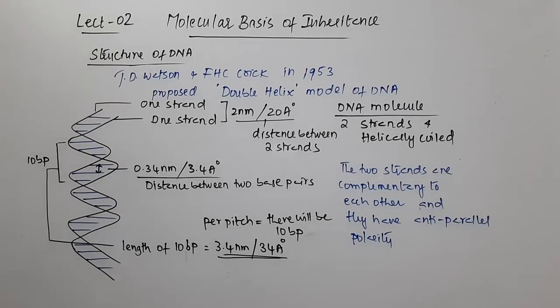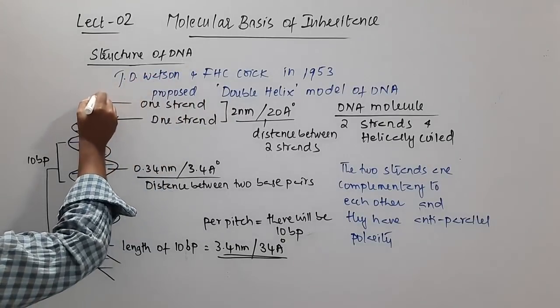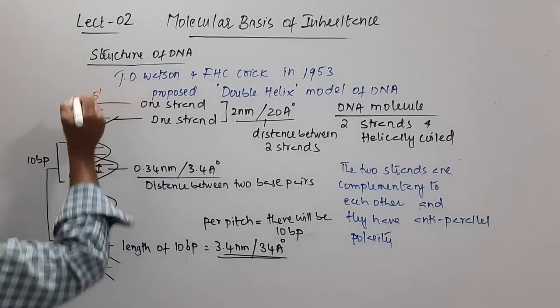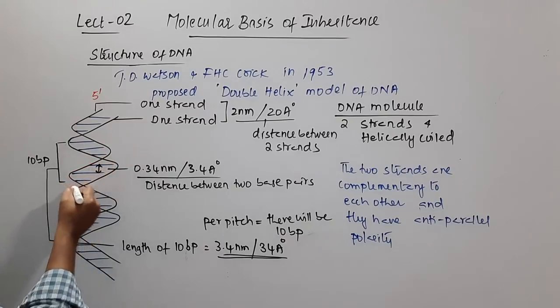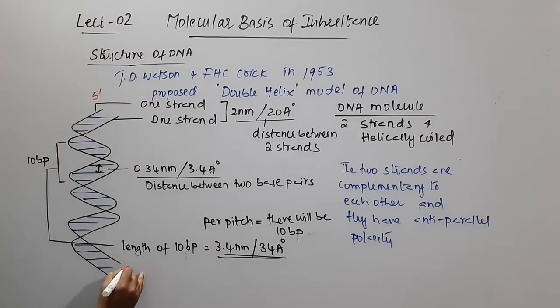So when we see here one of the strands, say it has 5 dash on this side, this strand will be ending with 3 dash. So I'm going to take an arrow mark in this way, right?